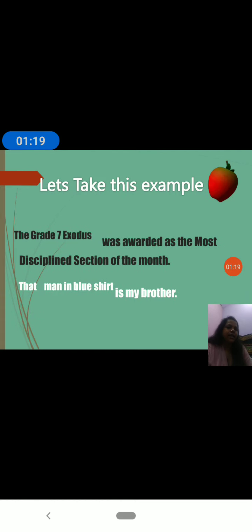Let's take this example. The grade 7 Exodus was awarded as the most disciplined section of the month. That man in the blue shirt is my brother.